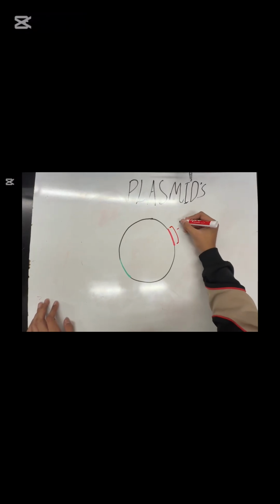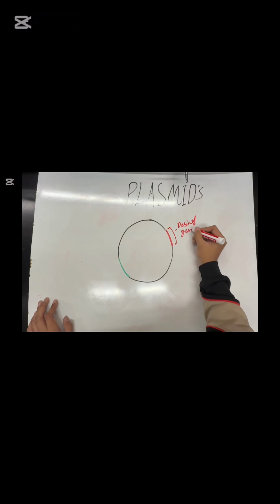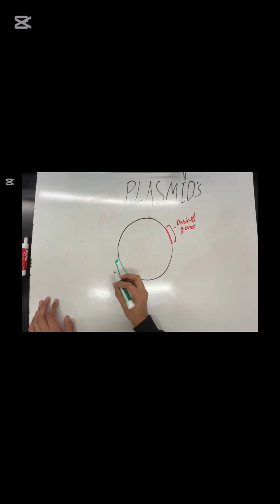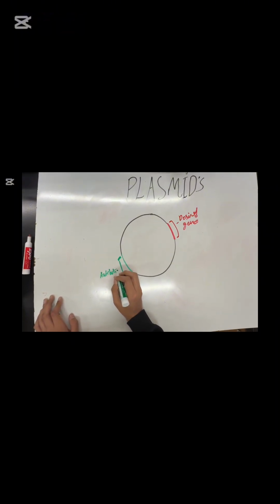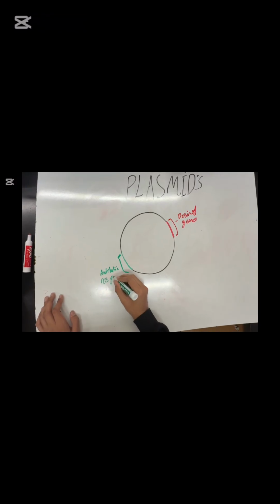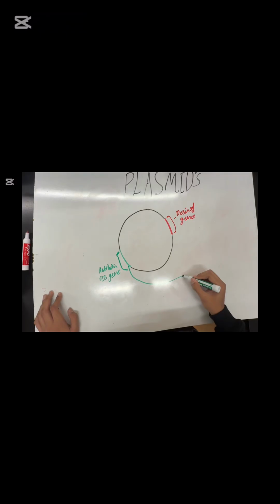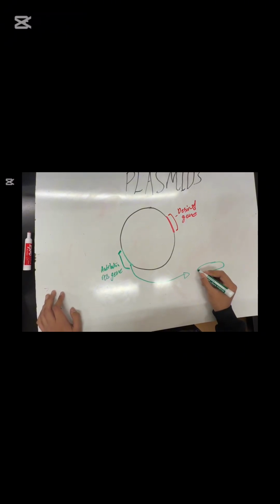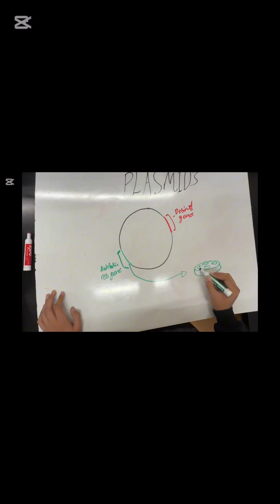After inserting our desired gene into a plasmid, we also include an additional gene, typically one that provides antibiotic resistance. This step is crucial because when the plasmid is introduced into a host cell for cloning, many colonies will form.